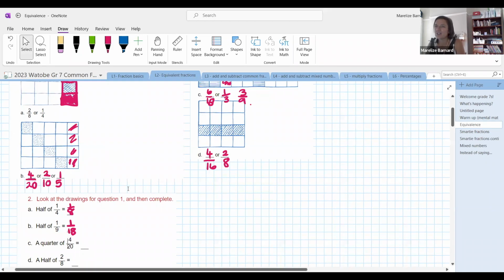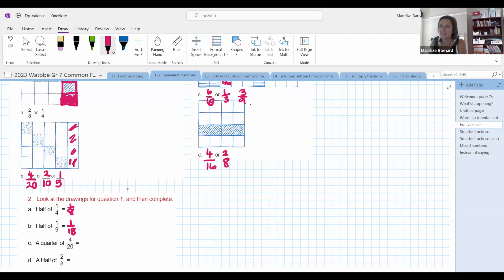Now let's go to where we had the quarter of 4/20. So here we had 4/20. And if we divide that into quarters, so this part here is a 20th, because this whole block we've divided into 20 different blocks.